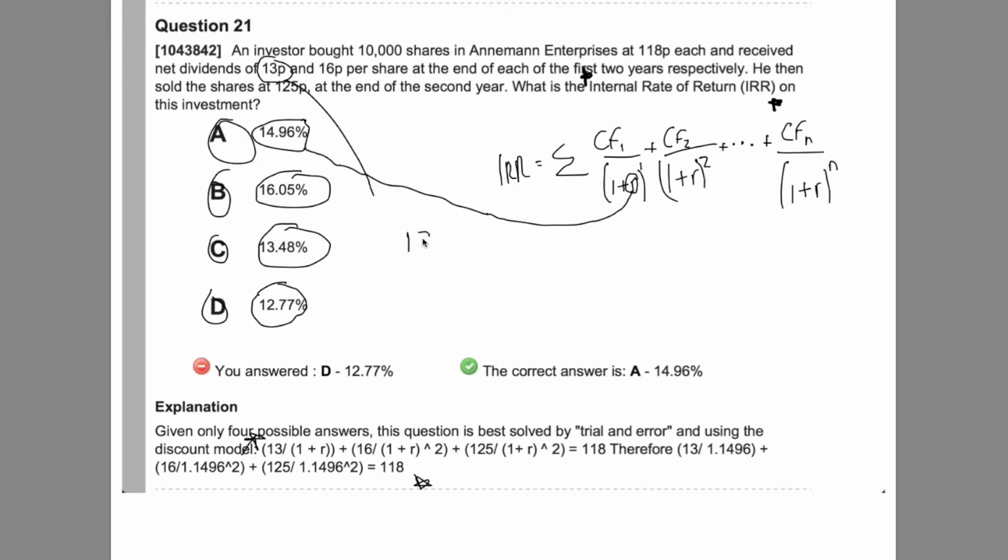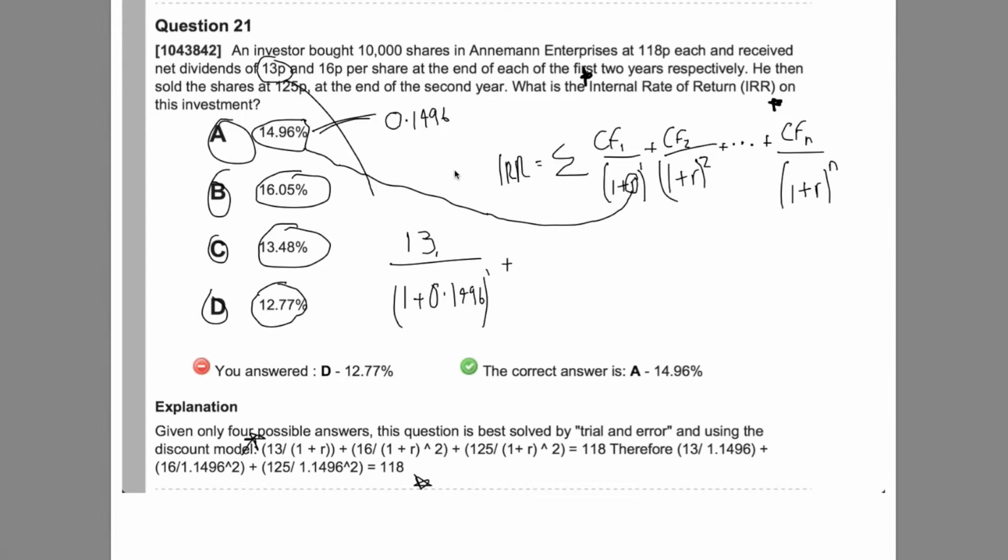So we're going to do 13 divided by 1 plus, well, we know that this is the right answer, so let's convert this into decimals: 0.1496. Okay, so that's cash flow 1, and it doesn't affect the answer, but just so we know we're following the formula, we'll do a little one there as well.